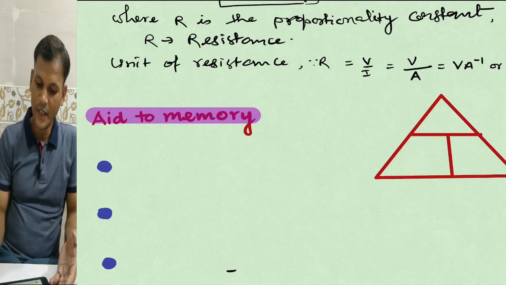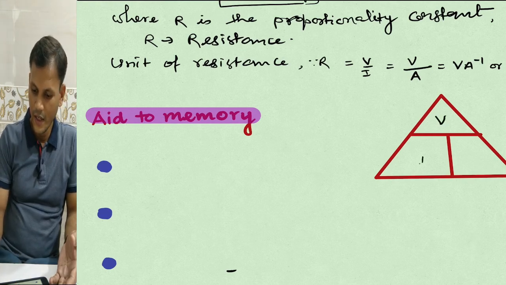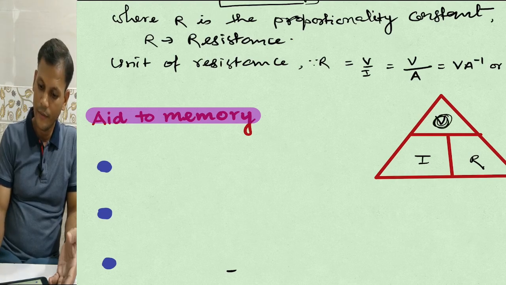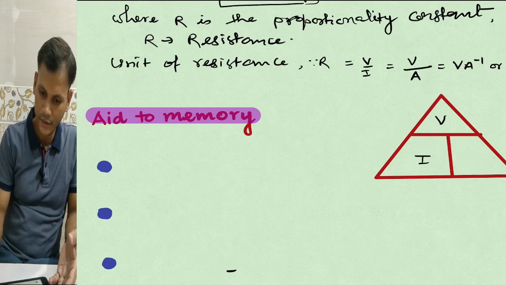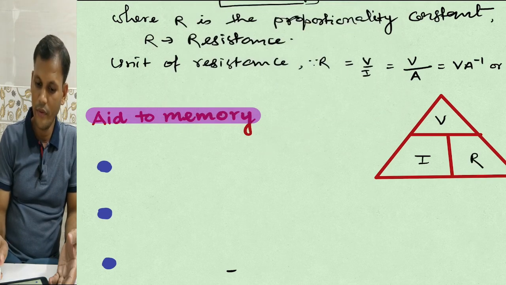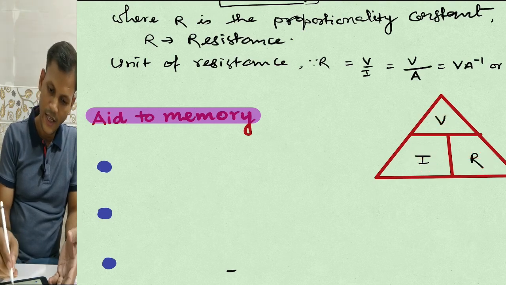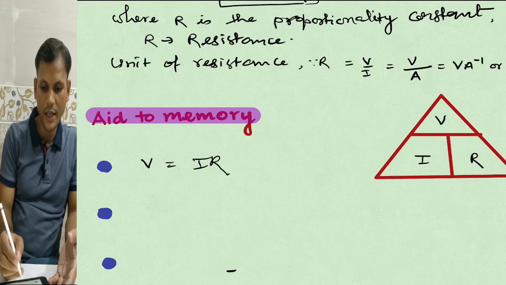Here it is V, I, R. As we have to calculate V, it will be I into R, so V = IR.